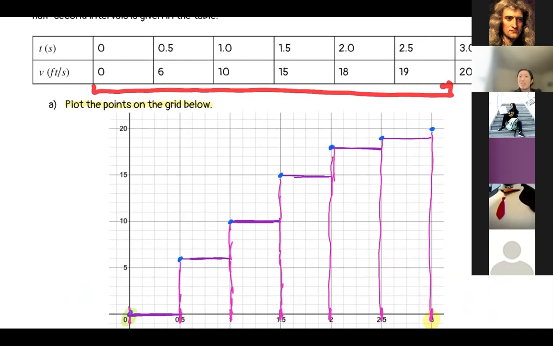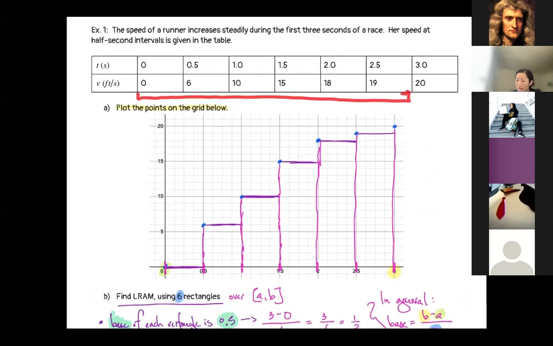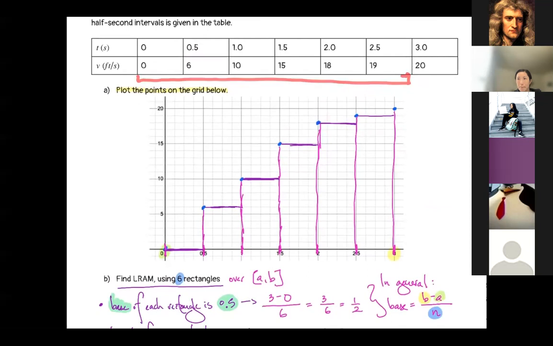Okay. So how many rectangles did I ask us to draw here, by the way? Not a trick question. How many rectangles are we drawing? We're drawing 6 rectangles. So if I want 6 rectangles, I'm going to need 6 y values or 6 heights. 1, 2, 3, 4, 5, 6.